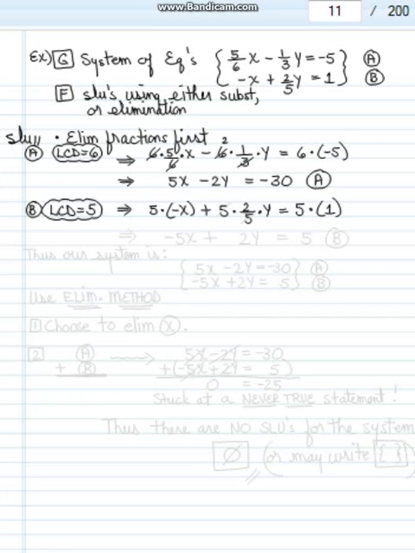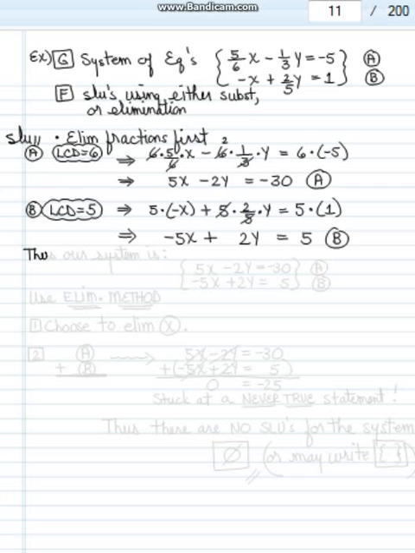When we simplify this, you'll see a cancellation of the 5's in the second term. We get a positive 5 times a negative x is -5x. Bring down the plus sign. 2 times y is 2y. Bring down the equal sign. 5 times 1 is 5. And that's my equation B.